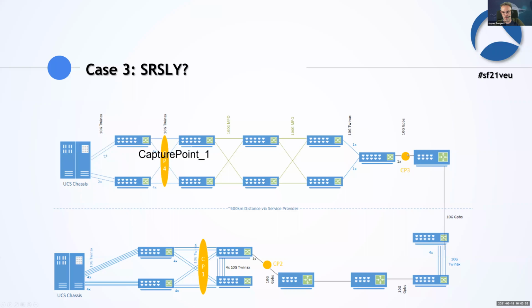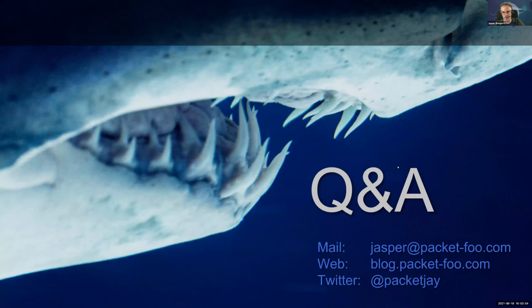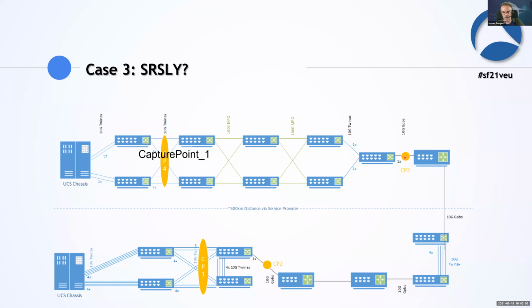So capture point 3 is right before the provider device. And capture point 2 was moved here for some reason I can't remember, but all those switches were not that relevant anymore. So we had 2 capture points down here and 2 capture points up here, and then we could capture a machine transfer from one to the other.